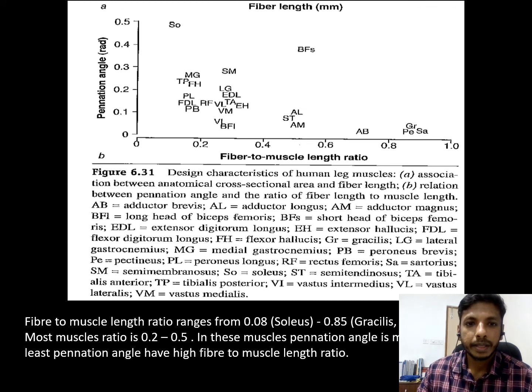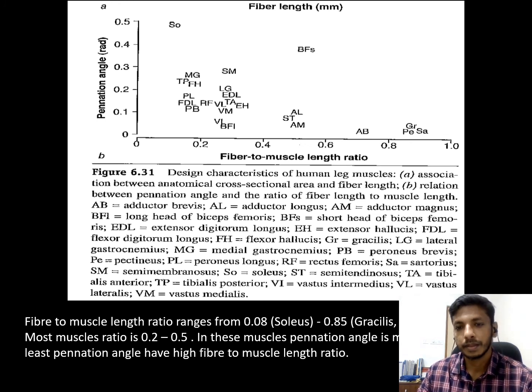Okay, so now let's compare the pennation angle and the fiber to muscle length ratio, that is, the length of the muscle fiber to the muscle length. If you see here in gracilis, pectineus and sartorius, the fiber length is almost equal to the muscle length. It stretches the entire length of the muscle. Whereas in soleus, the fiber length is very short with respect to the muscle length.